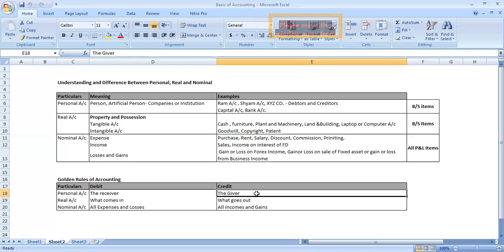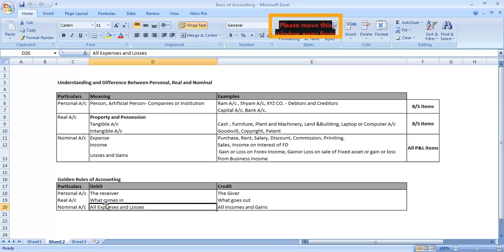Similarly, if purchases have been made and the payment is due, that creditor account will get credited because that's the giver. And once the amount has been paid, again we make the payment through bank and we credit the bank account.